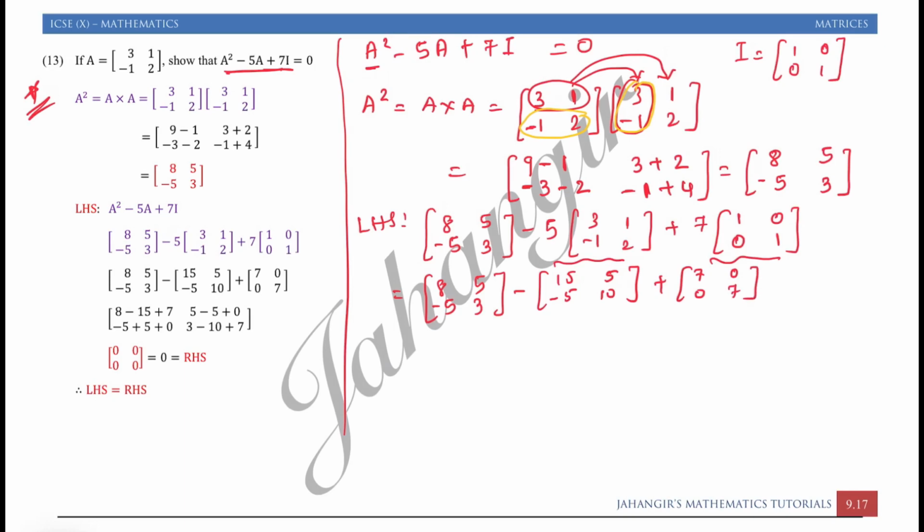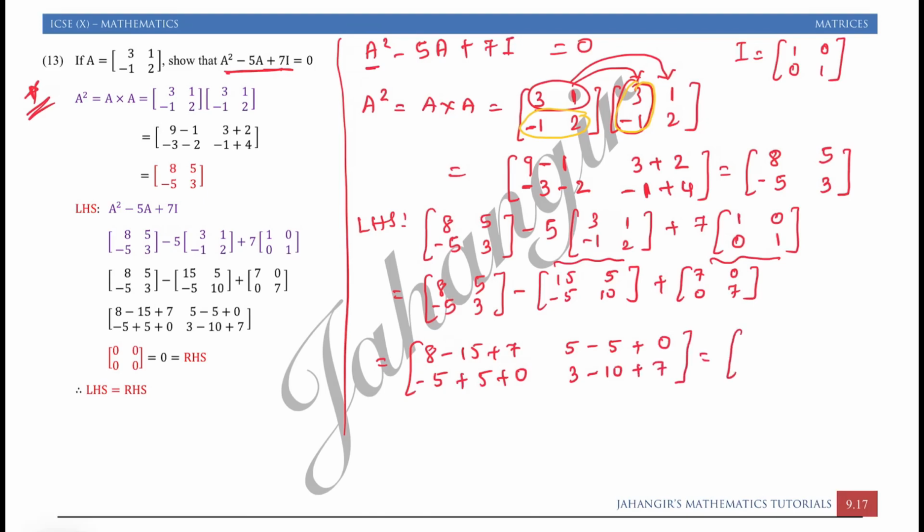Okay, now club everything. 8 minus 15 plus 7, minus 5 plus 5 plus 0, 5 minus 5 plus 0, 3 minus 10 plus 7.